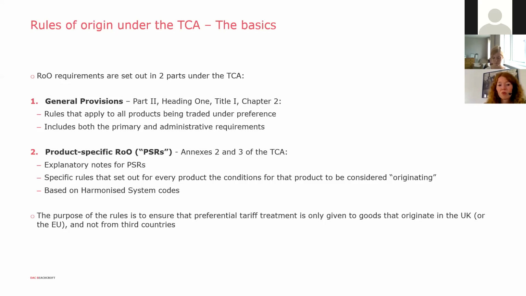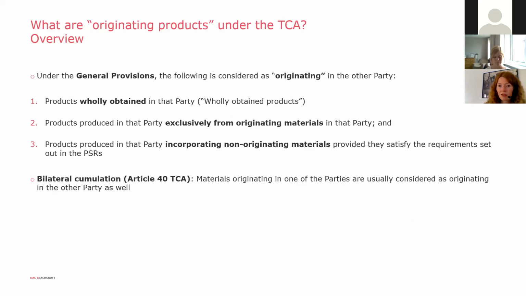As many of you will know, that's based on harmonized system codes. And again, why do we need it? Because we want to avoid that products are being traded between the two jurisdictions which do actually not come from one of these jurisdictions. So coming into the next slide, thank you.